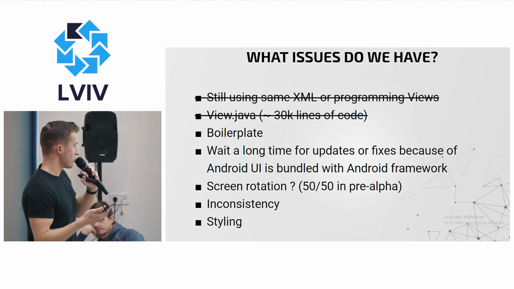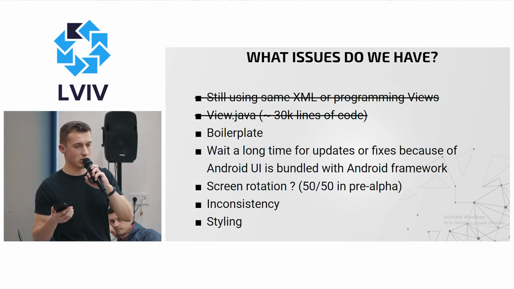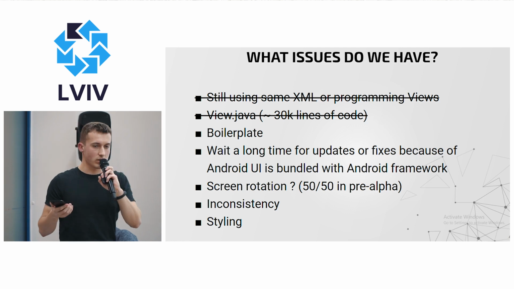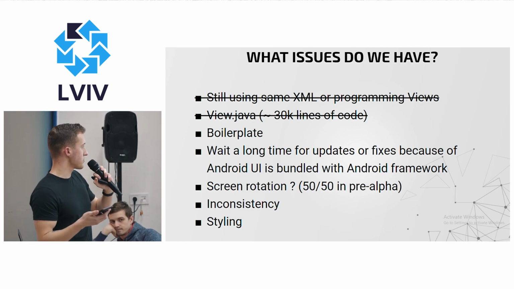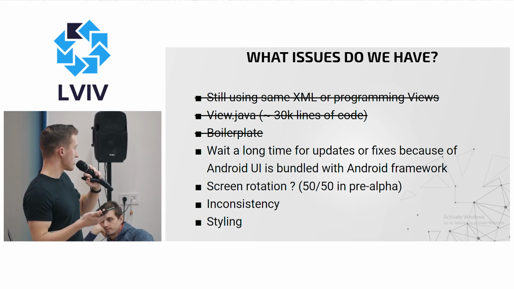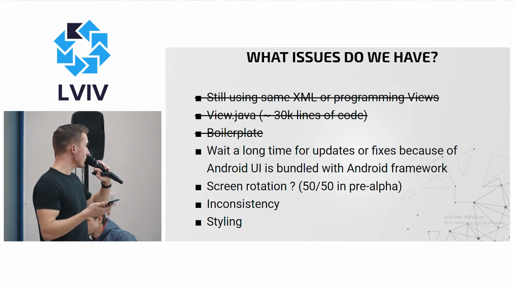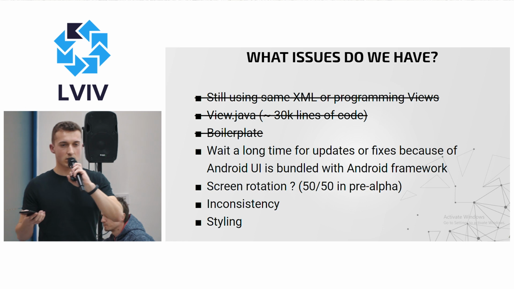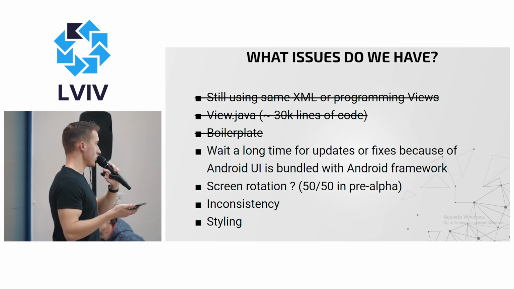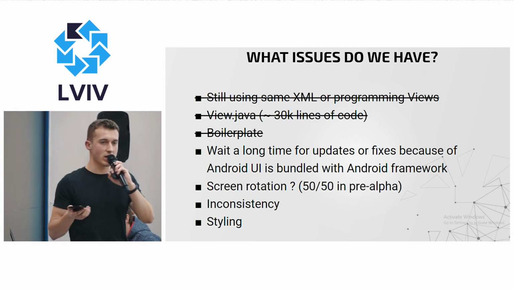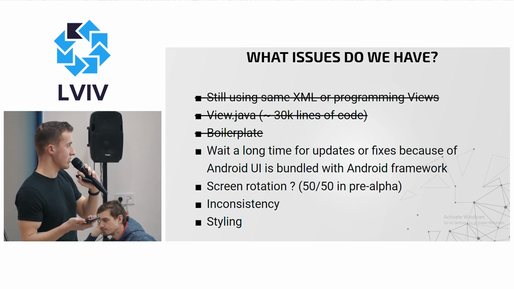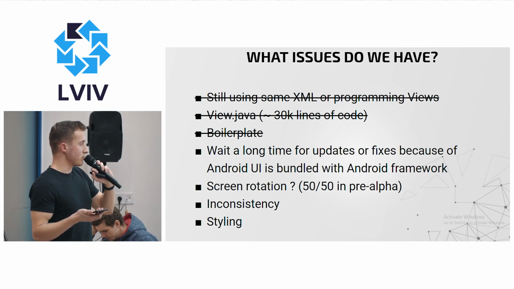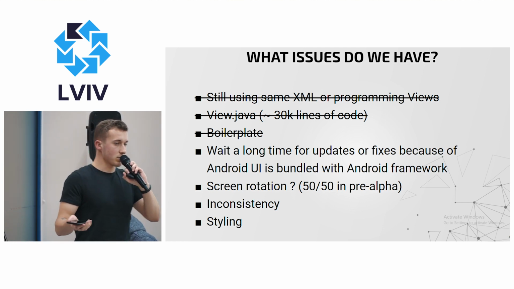We don't have to write a lot of XMLs, and it really looks smaller. So no boilerplate. Then, as I said, Compose is an independent library, and you can just include it like any other library, and it can be updated each week, for example.